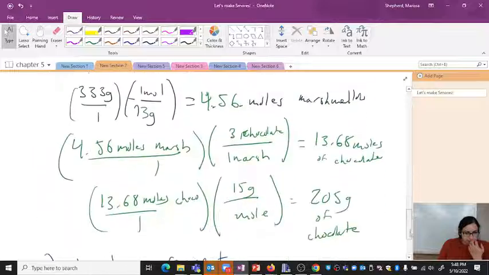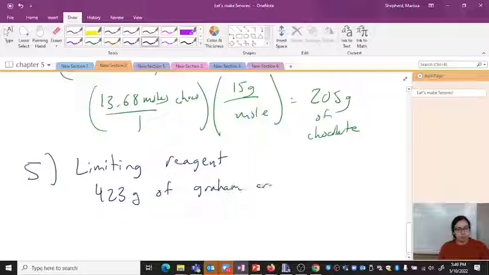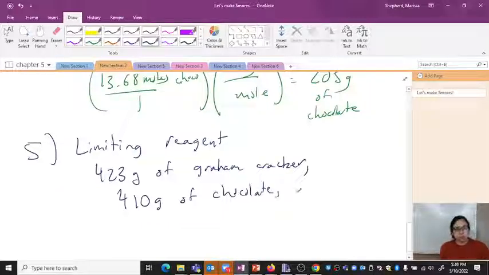All right. So we have 423 grams of graham cracker and 410 grams of chocolate, and we'll say excess marshmallows.